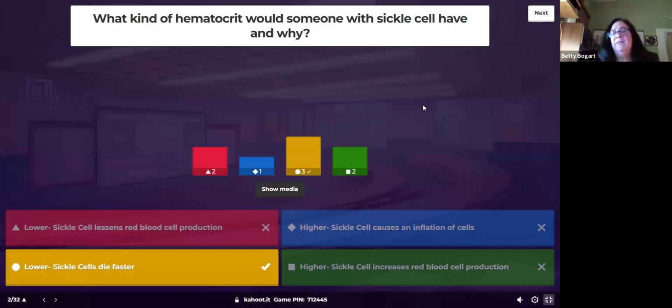Remember, sickle cell and thalassemia, the cells die quickly. Just think about these are cells that are irregularly shaped, so they just don't make it. They don't have the chance like regularly shaped cells do. So sickle cell, thalassemia, they burst really quickly. That's why their hemoglobins, hematocrits are going to be quite low.